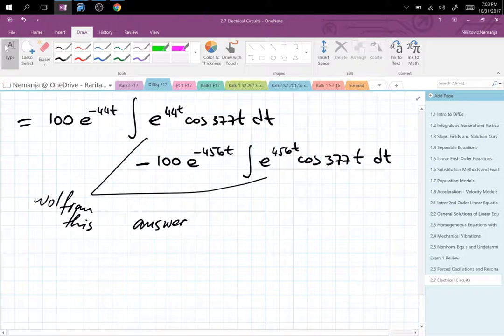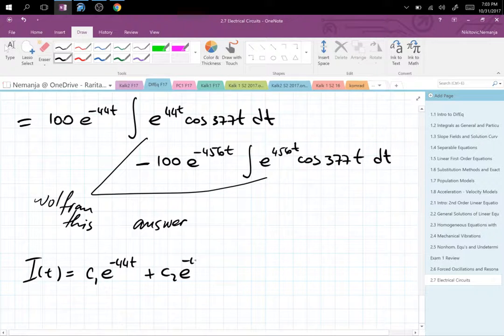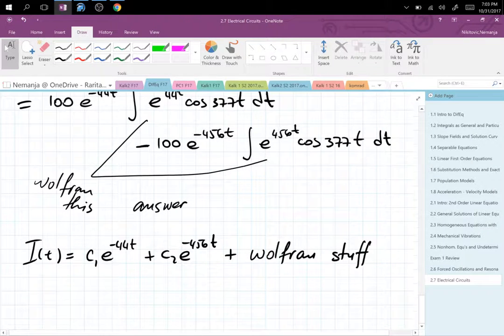And the answer is going to be C1 e to the negative 44t plus C2 e to the negative 456t plus Wolfram stuff. But you gave us initial conditions, didn't you?